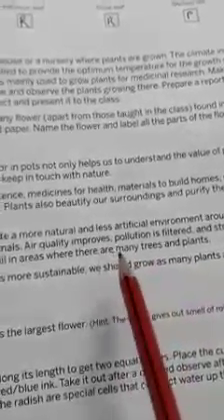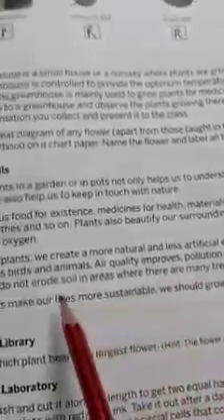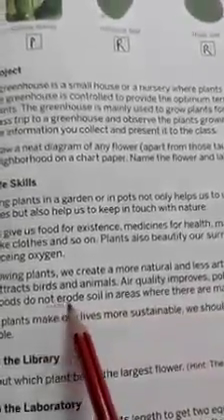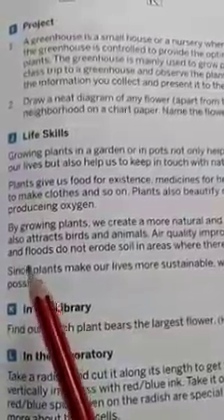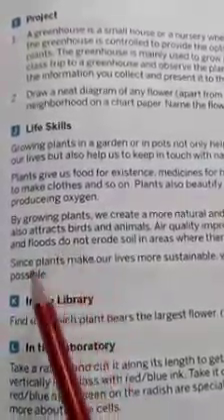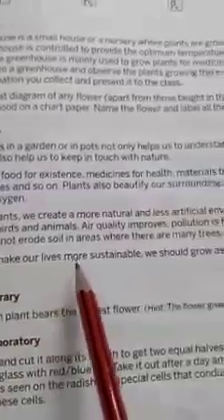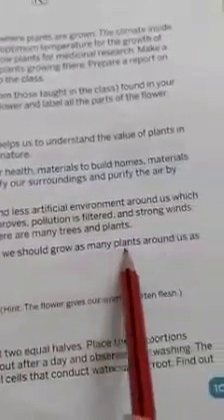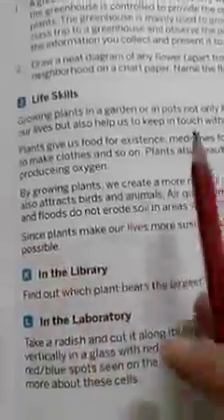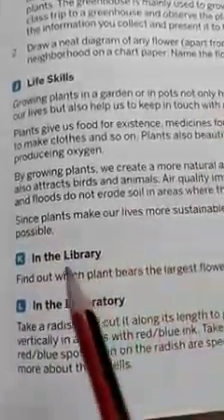Dear students, the soil does not erode, or we also prevent soil erosion. Since plants make our lives more sustainable, we should grow as many plants around us as possible.